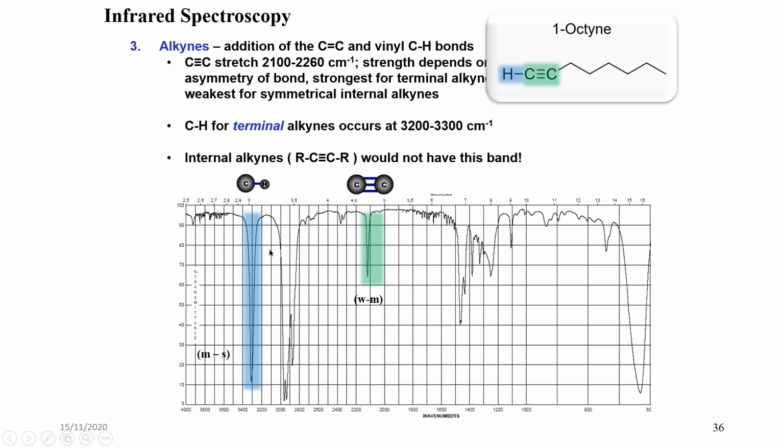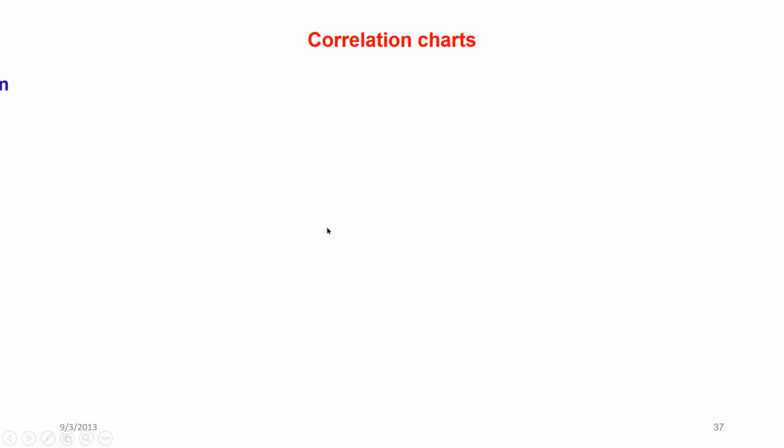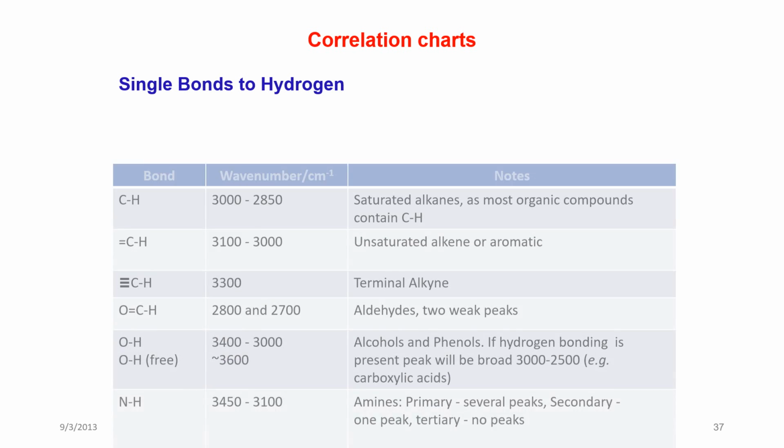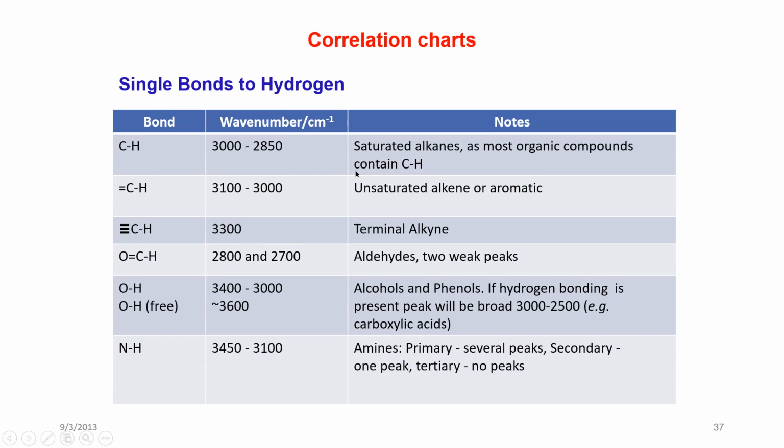Similarly, the CH bond arises at around 3000 per centimeter. So with this chart, it is possible to assign the peak wave number in case of different kinds of bonds.